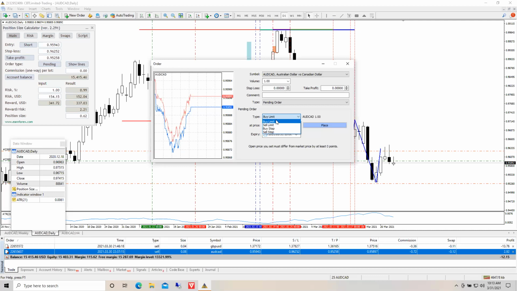And in fact, the name gives it away. By placing a limit order, you are placing limitations on what the broker is allowed to do. A limit order can only be placed at a better price. So if you want to go long, you can only place a buy limit order below current market price. You can't do it the other way around.